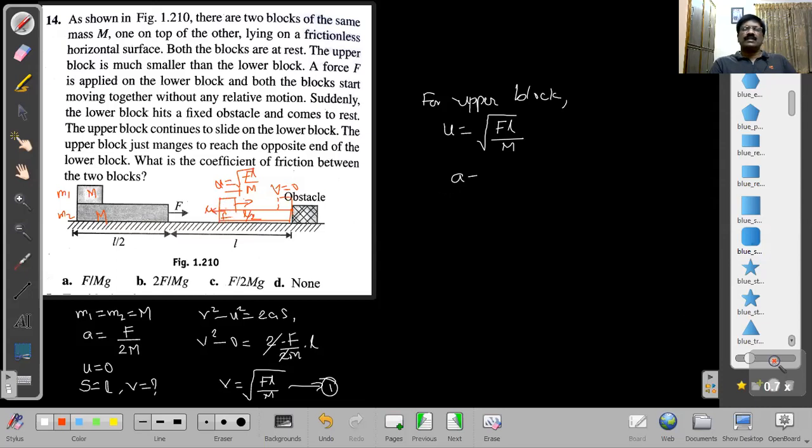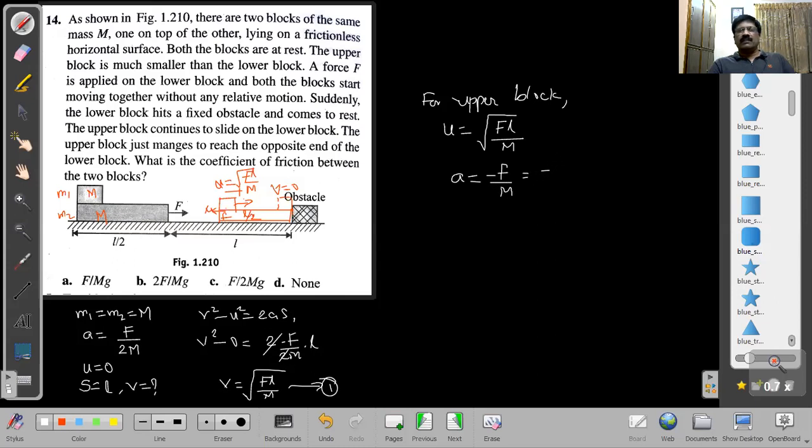That's why friction acts as the retardation. So minus F by mass of the upper block capital M, because it is the retardation of the upper block only.